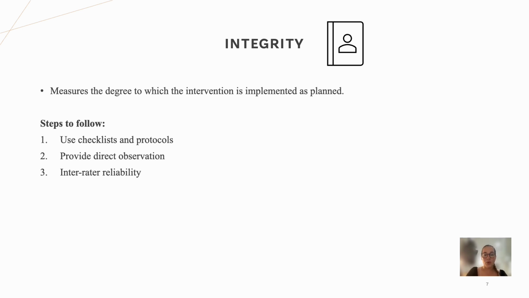And I would also do interobserver reliability. For this, I would try to have multiple observers independently assess the implementation to ensure consistency and accuracy. This way I would know if the intervention is having the same results and is being implemented correctly.